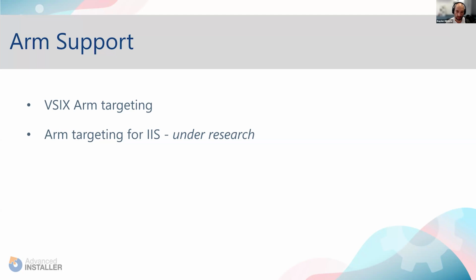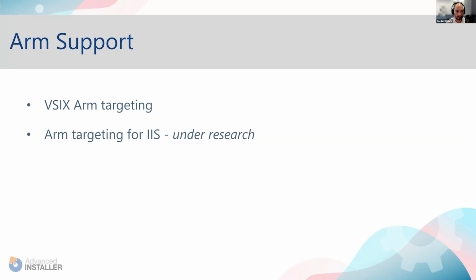And inside those packages, there are different components, from custom actions, DLLs, stubs, and other tooling that we're building for you to help you improve the packages that you build. And those need to be recompiled and made compliant so they work as they used to work on our x86 and 64-bit architectures, and they will also be working on ARM.